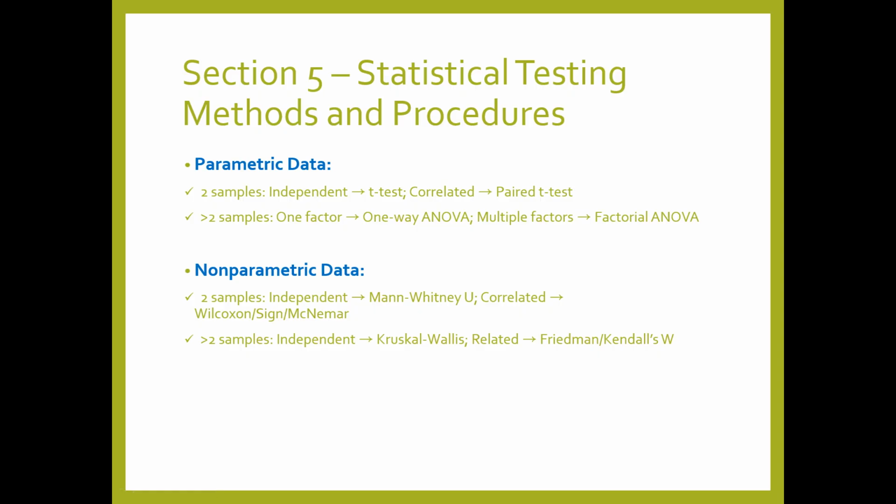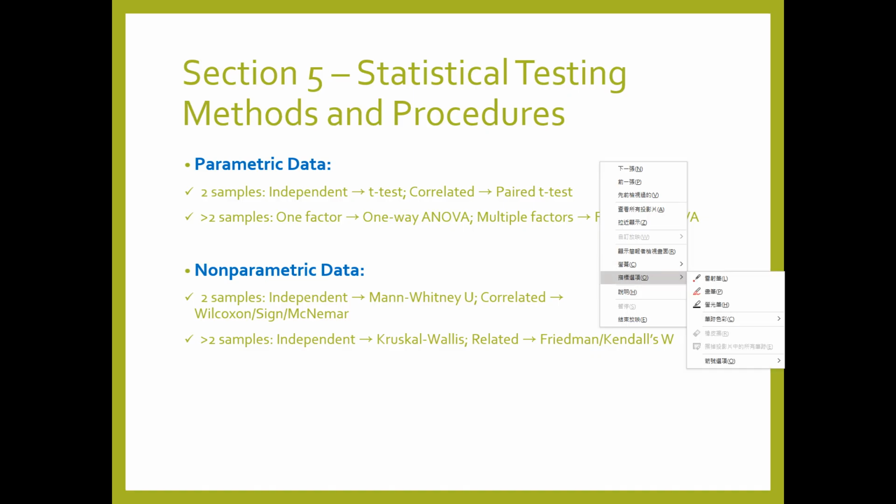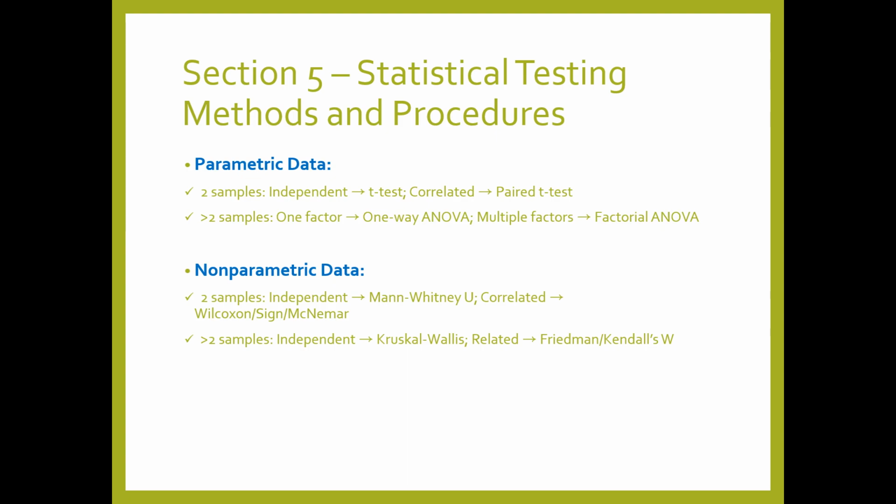And this is about section 5, statistical testing methods and procedures. Don't worry about it, because you can handle it in SPSS. But right now, remember, like we mentioned, NO is categorical data. Sometimes they call it non-parametric data.